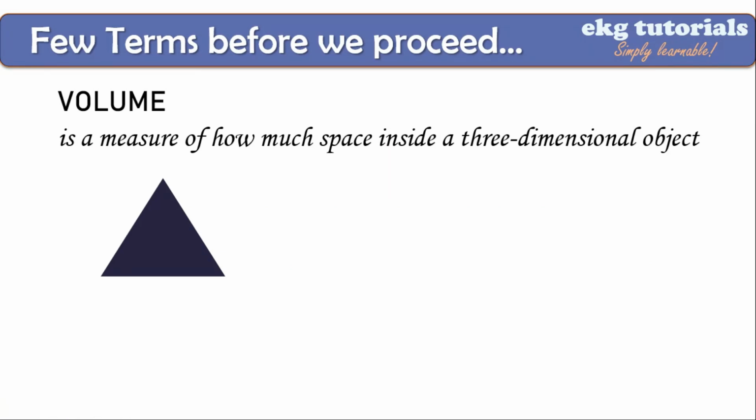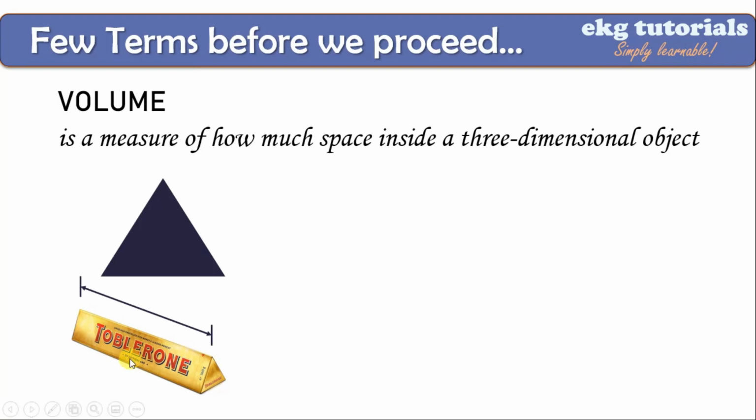So to illustrate that point, for example, we have this particular shape, a two-dimensional object in the shape of a triangle. Pag nilagyan natin yan ng thickness or height, then we have now a certain object with what we call volume, or which has a space inside. Kaya nga natin napapasok yung chocolate sa loob ng karton na ito.